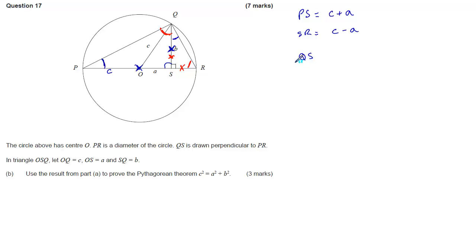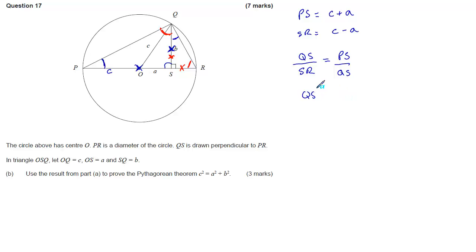So using proportions, for the larger triangle, we've got QS, and that corresponded to SR in the small triangle. That's got to be equal to PS in the larger triangle divided by QS in the smaller triangle.